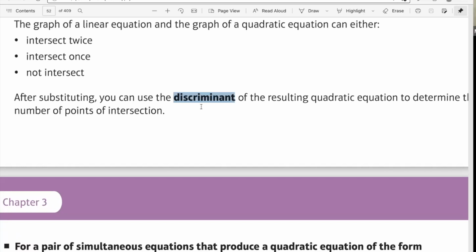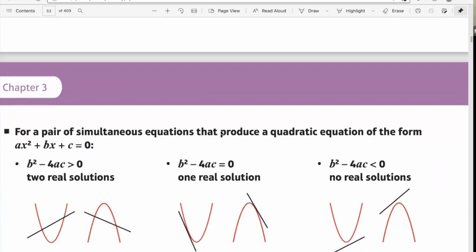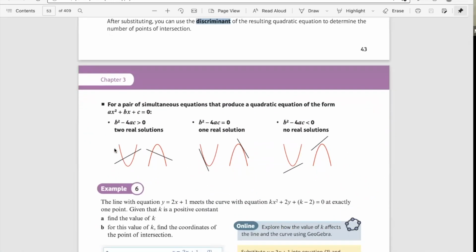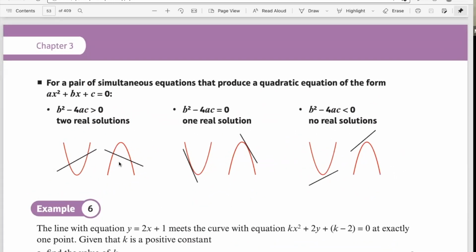Yes. So b squared minus 4ac tells you if the roots are real or equal or not real. These were the cases. If it intersects at 2 points, it is greater than 0. If it touches, that means it is a tangent, it is equal to 0. If it does not touch, that is less than 0. And smiley face or sad face depends on the coefficient of x squared.